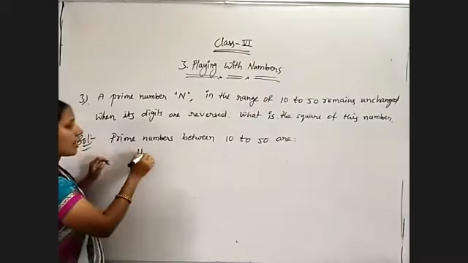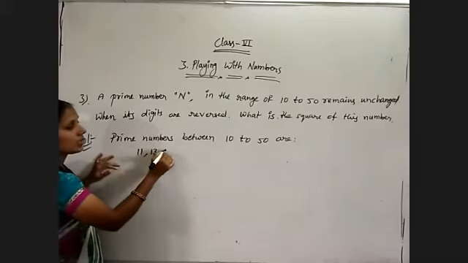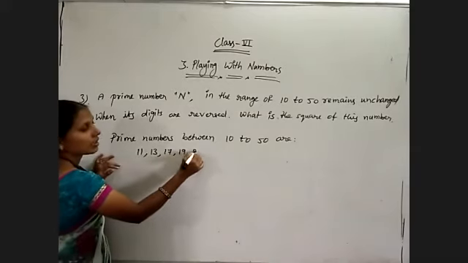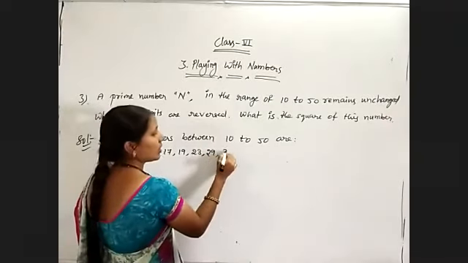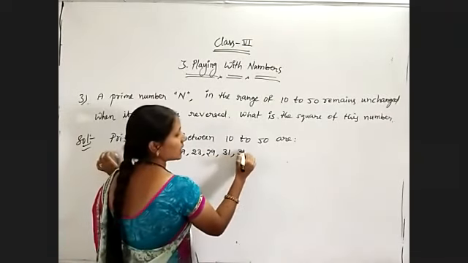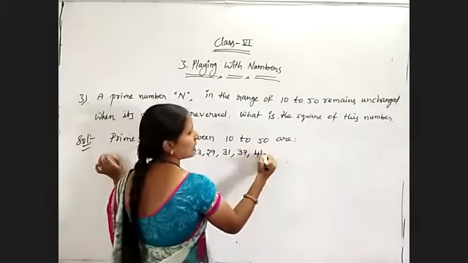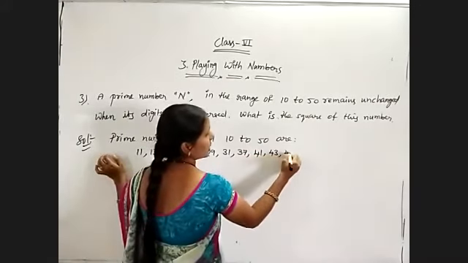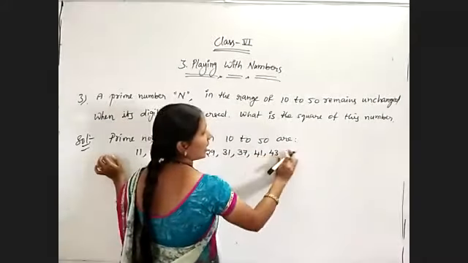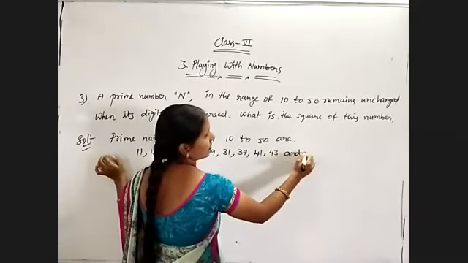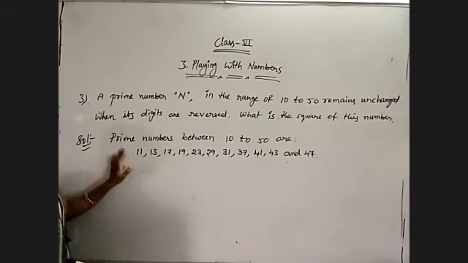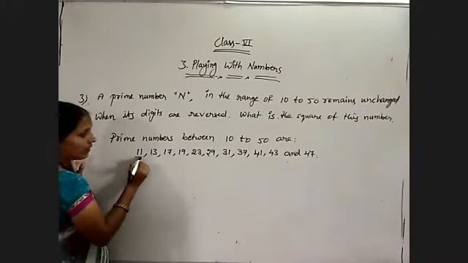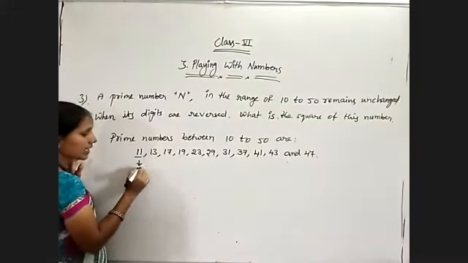11 is a prime number, then 13, 17, 19, 23, 29, 31, 37, 41, 43, 47. These are the prime numbers between 10 to 50. See, 11: by reversing the digits I will get 11 only.